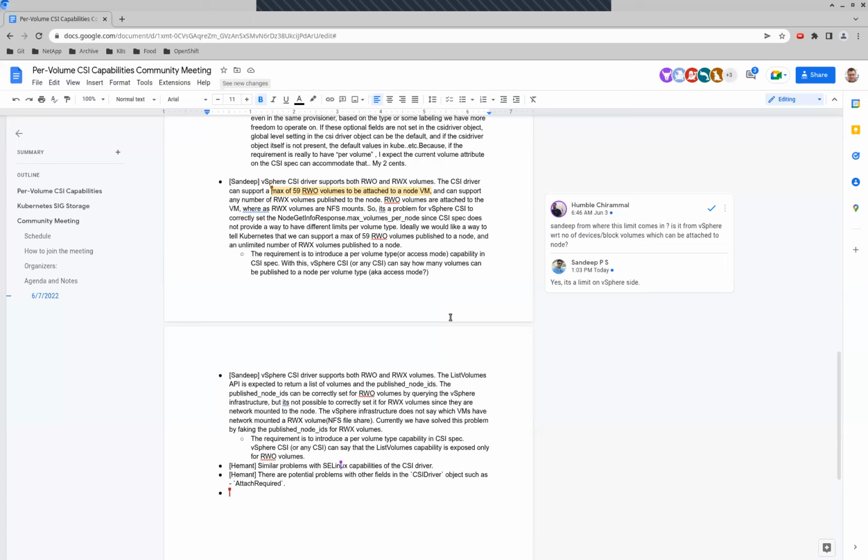The problem with the CSI spec as it's written is, you say create volume and you put some capabilities, but if, for example, your model is read write once volumes become iSCSI volumes and read write many volumes become NFS volumes, nobody says anywhere that you can't give an NFS volume for a read write once volume, right? It works fine. You may prefer not to do that, but it's allowed. And so any volume that meets the specifications that were sent into create volume is valid.